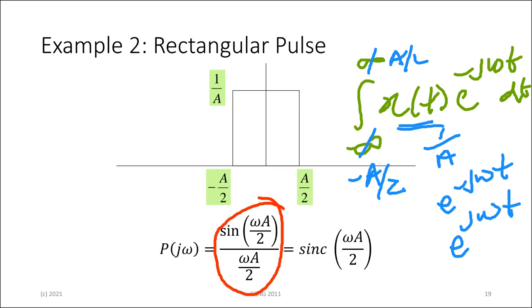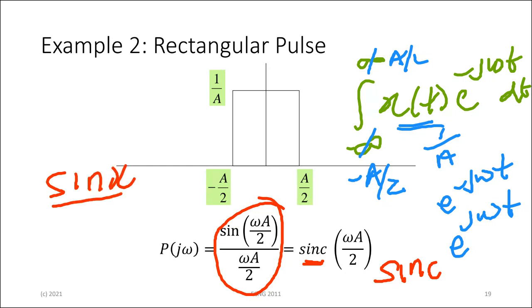Sine of omega a over 2, over omega a over 2. There's a general term for this function: a sinc, S-I-N-C, a sinc function. You're going to meet that in communications quite a bit. So the Fourier transform of the pulse, we call the pulse p(t), so P(j omega) is a sinc function, sine x over x.